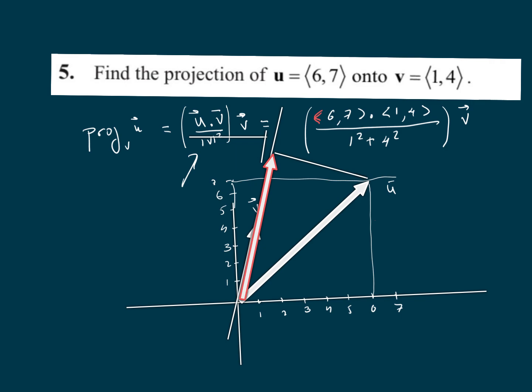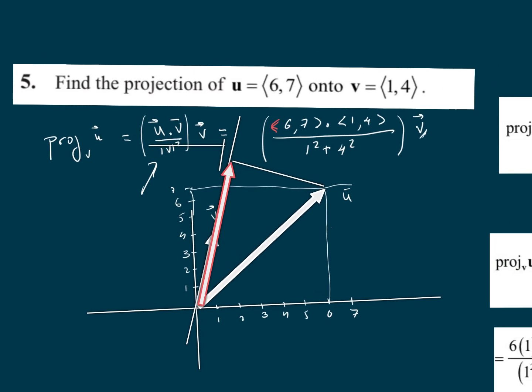It is how many times v the projection is. So the projection looks bigger than v. It's maybe 2 times v. Let's do the dot product to see if it's 2 times v.